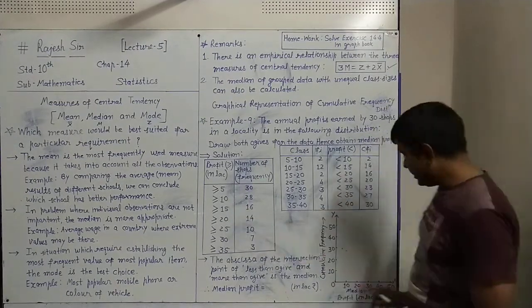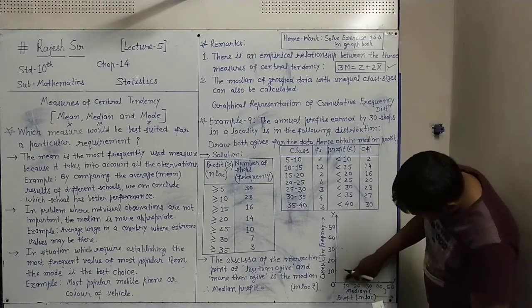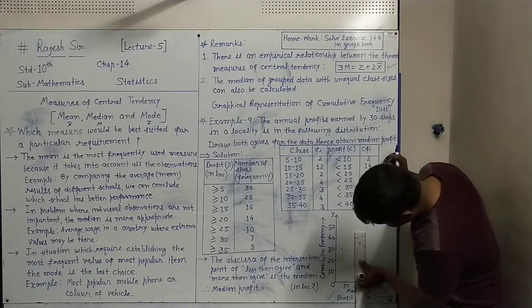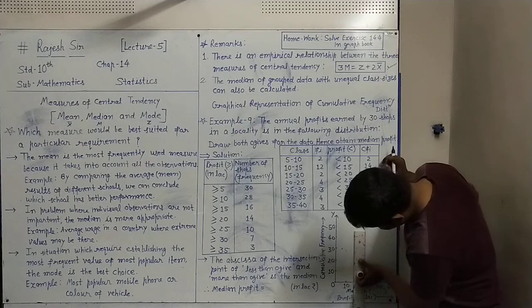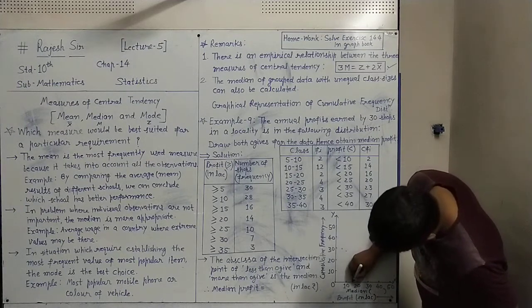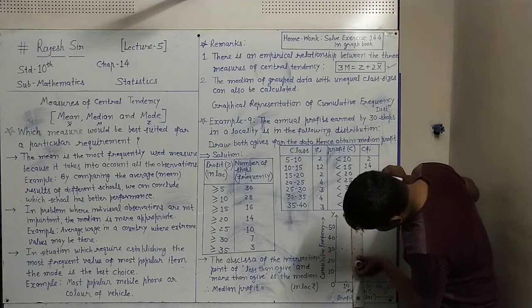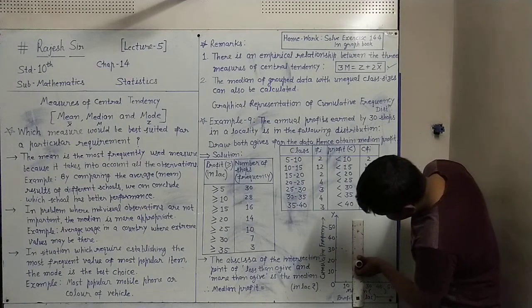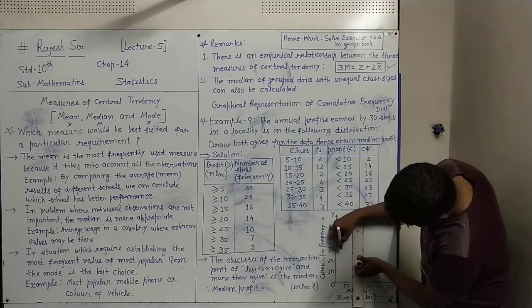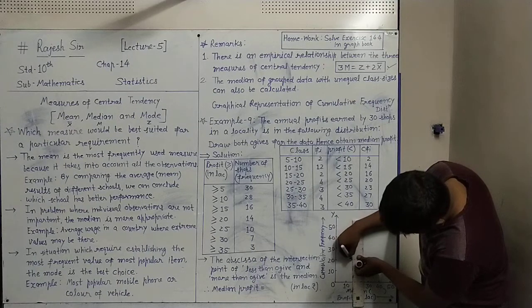Then 15, 16. 15 means between 10 and 20, and 16 means 4 less than 20.